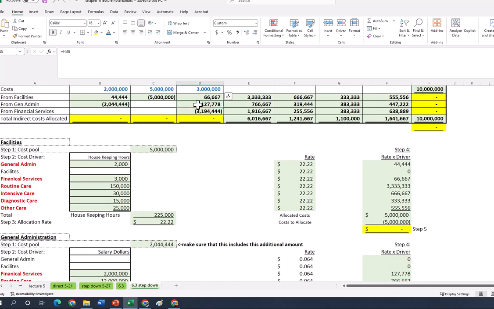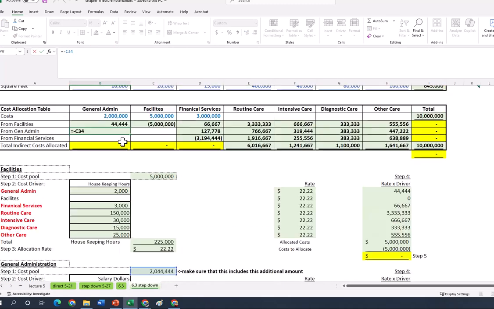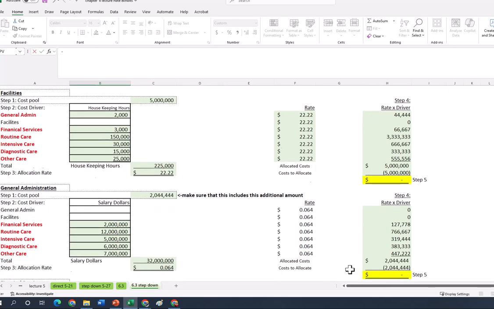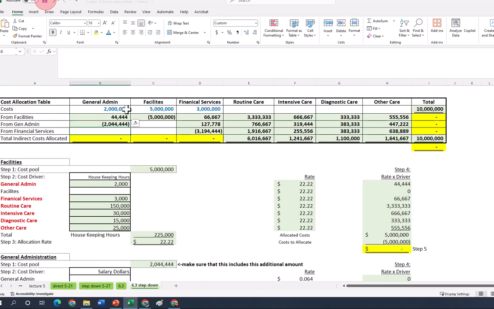So we allocated out 2.4 million, right? You can link. I'd probably prefer to link to here. That's what we allocated out. That ties to zero. So we're done with general admin.